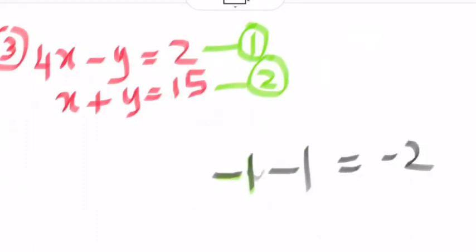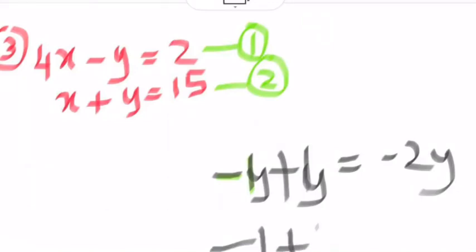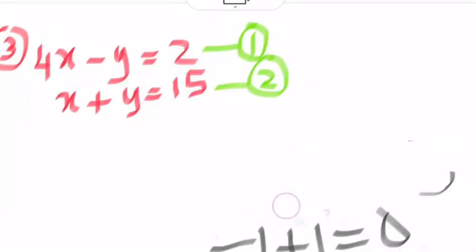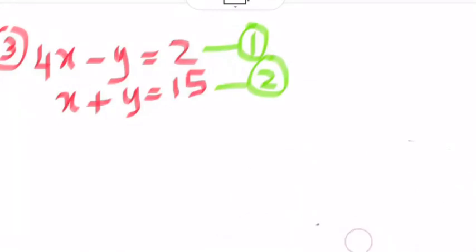Ya, negative y minus y jadi negative 2y. Jadi masih belum eliminated. So in order to eliminate the variable y, kita kena tambah. So negative 1 tambah 1 baru dia jadi kosong. Baru jadi 0. Alright, so kita akan do the addition. Kita akan tambah dia.